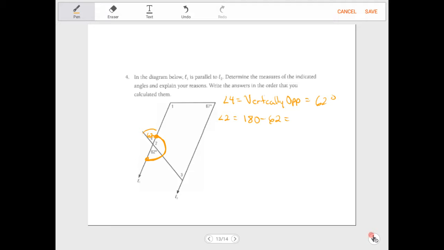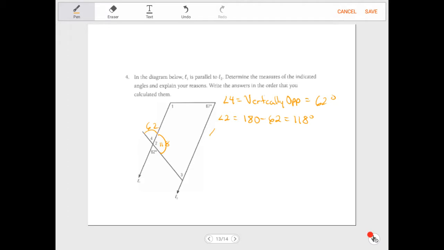So 180 minus 62 is 118 degrees. So if I erase that now, this one here is 118 degrees, this was 62. And don't get me wrong, I know that there are other ways of doing this. That's just the strategy that we chose for right now.